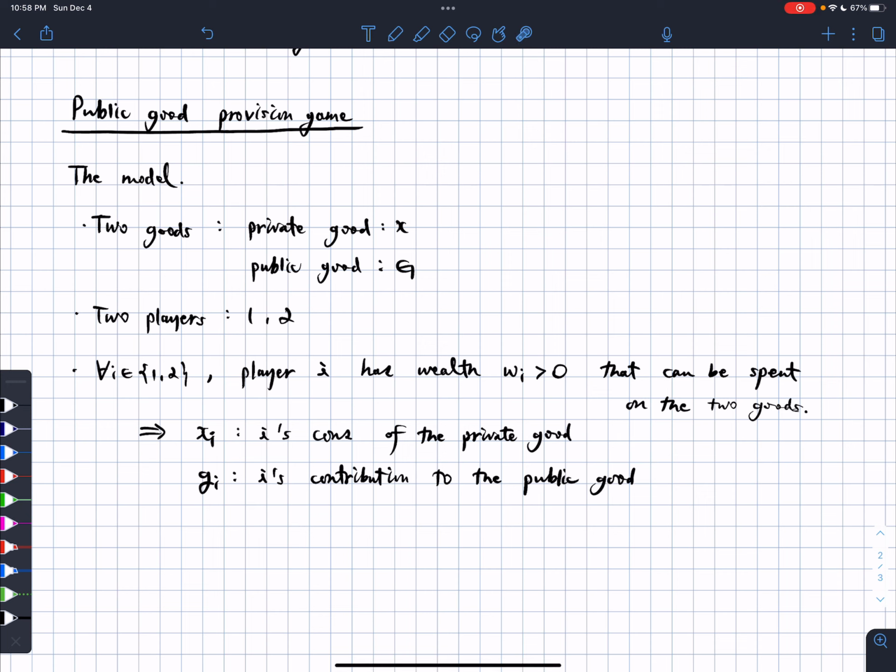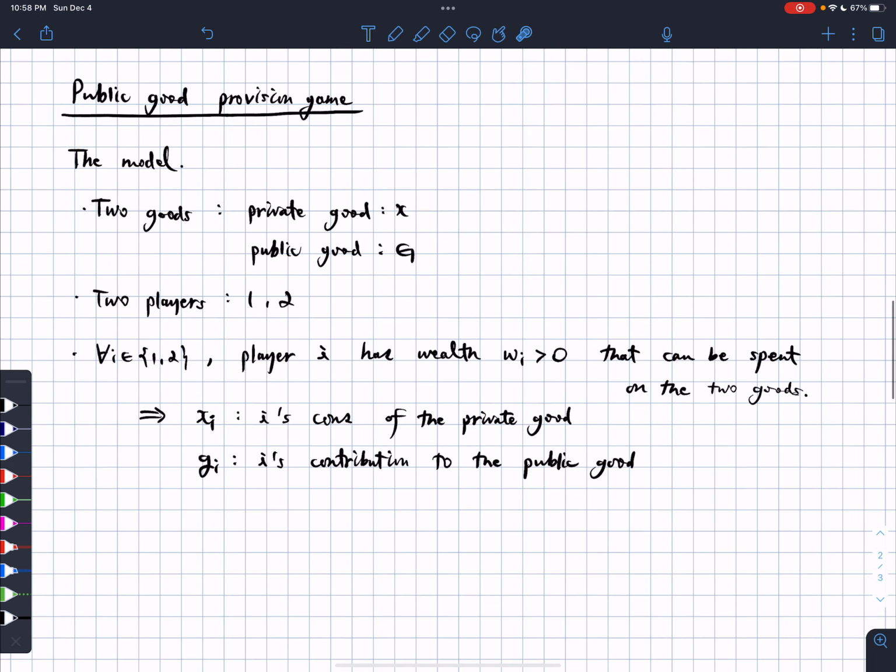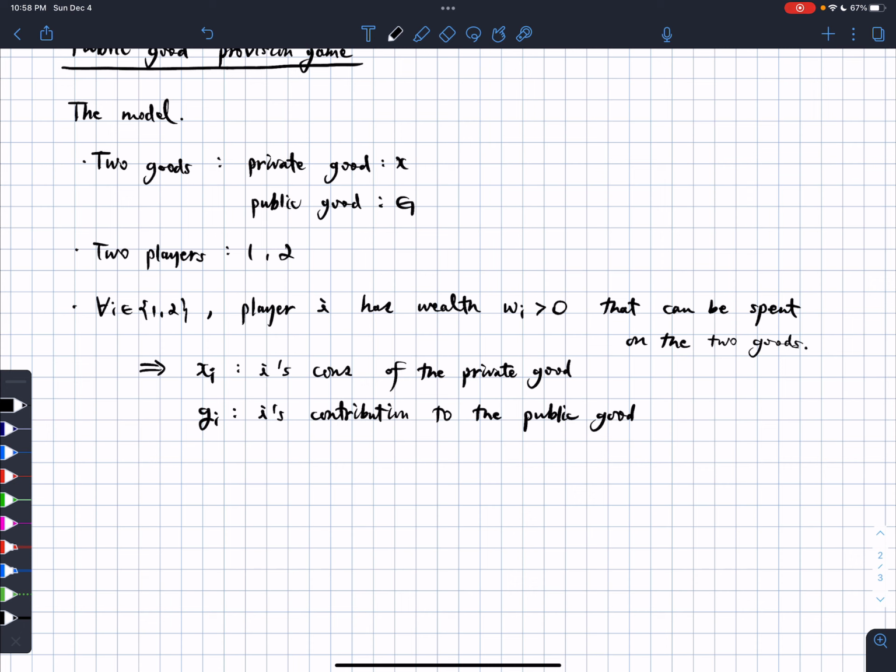So here I say it is player i's contribution because eventually the amount of the public good will depend on the contributions from both players. Okay, so here I said this big G is the amount of the public good, right? So then big G is just the sum of the contributions from the two players.